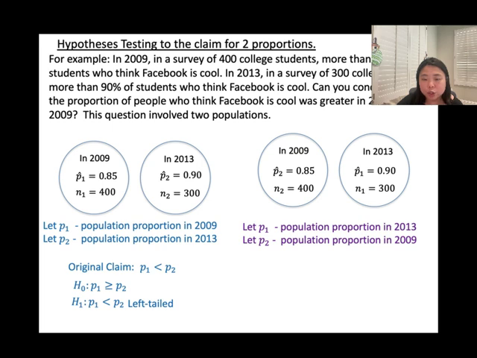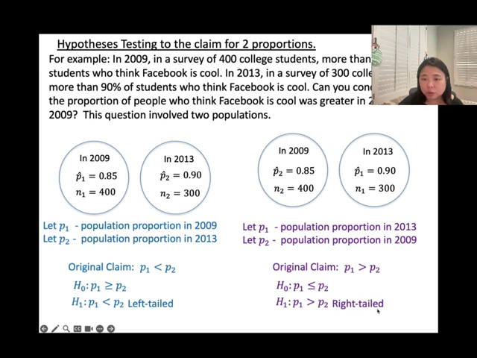It doesn't matter which one you call P1 or P2. However, if I let P1 be 2013 and P2 be 2009, then my original claim changes. It becomes P1 greater than P2, so this is going to be my alternate hypothesis, and my null hypothesis becomes less than or equal to.